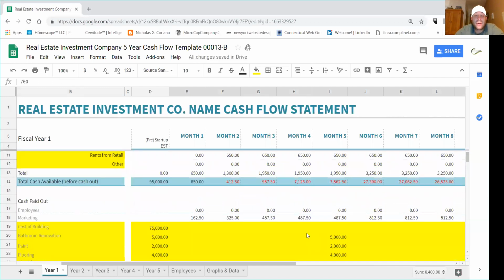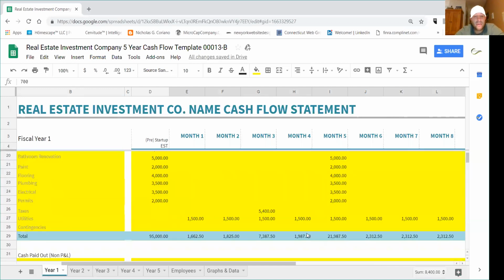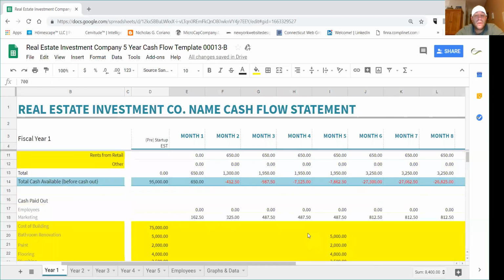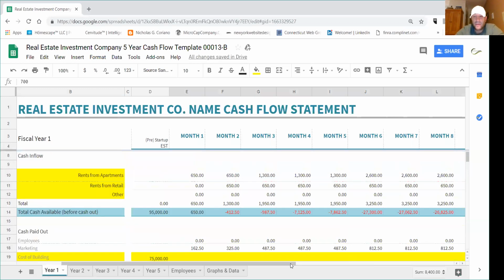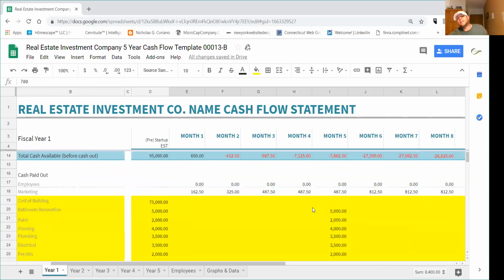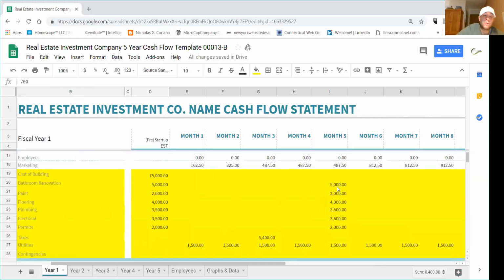Now why are we off here? There's something that's way off. 95, 95. Oh, okay, the renovation here. So let me see here. All right, so how do you make a deal like this make sense? Well, this doesn't come out of your cash flow.